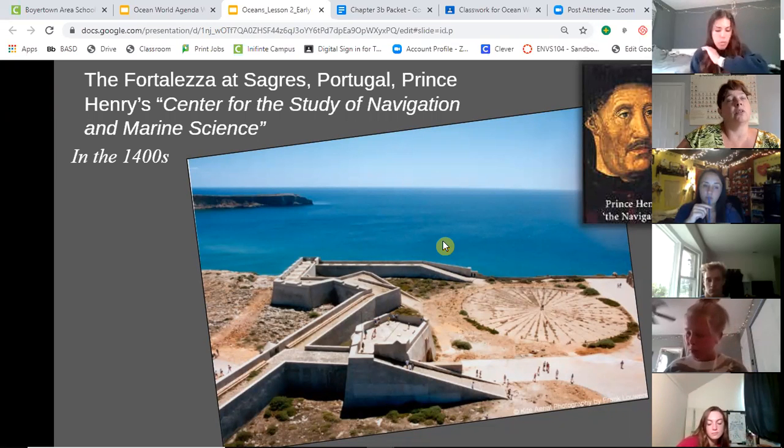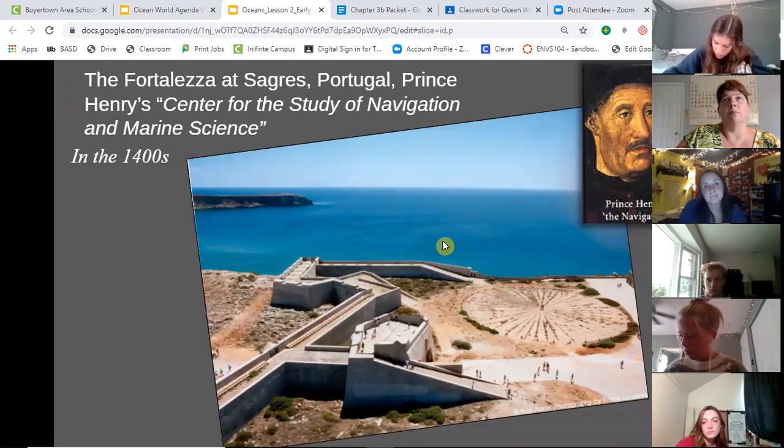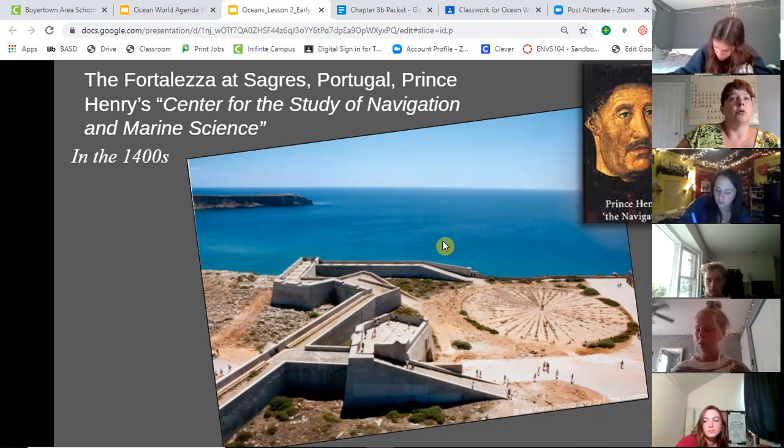That was because some documents were discovered in a hidden place, and they were able to begin the exploration again. So coming out of the Dark Ages around 1400 AD, the Europeans were the ones that pretty much initiated ocean exploration again.